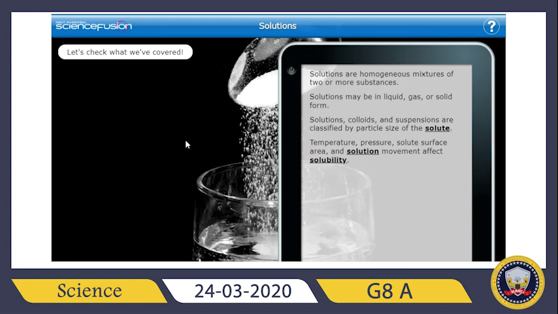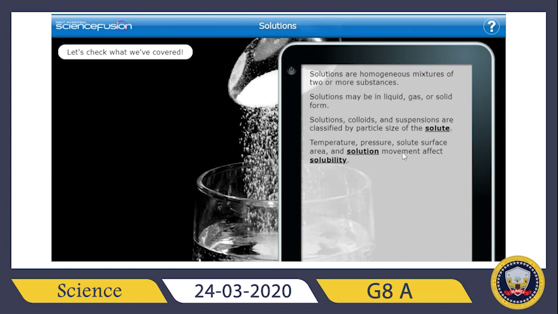Solutions are homogeneous mixtures that are made up of two or more substances, like the tea and sugar. Solutions can be liquid, gas, or solid. We gave bronze and steel as solid solutions. Air is a gas solution, and for liquid solutions you can give examples like the sugar tea solution, the lemonade, or the seawater, the salty water basically.